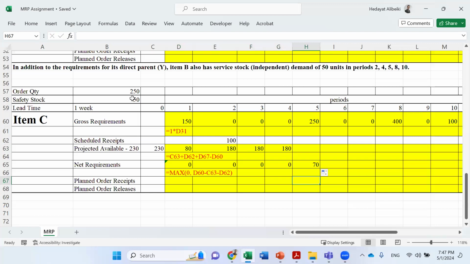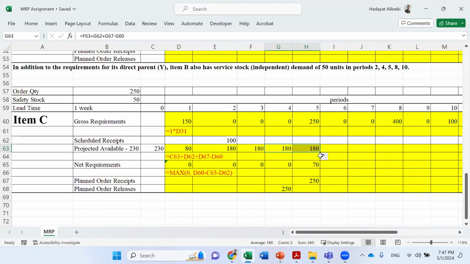So 120 is how much I need to order, but there is actually a standard order quantity, right? So I have to order 250. Every time I order, I need to buy a full box of 250, right? And then I have to release it 1 week prior. So if I do that, inventory is going to be updated.